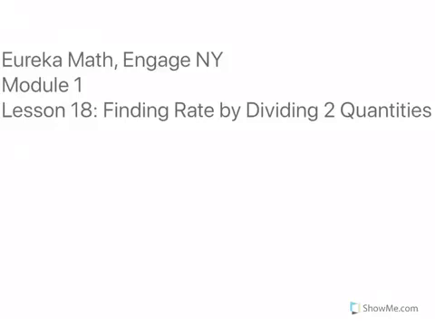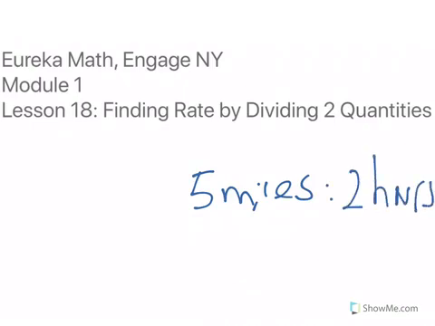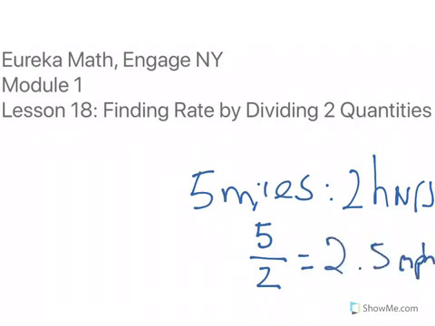We're going to be jumping into Eureka Math / Engage New York Math, Module 1, Lesson 18, Finding Rate by Dividing Two Quantities. We know that if you're driving 5 miles for every 2 hours, it takes you 2 hours to drive 5 miles, we can look at that as 5 divided by 2, and we can figure out that you're going 2.5 miles per hour.